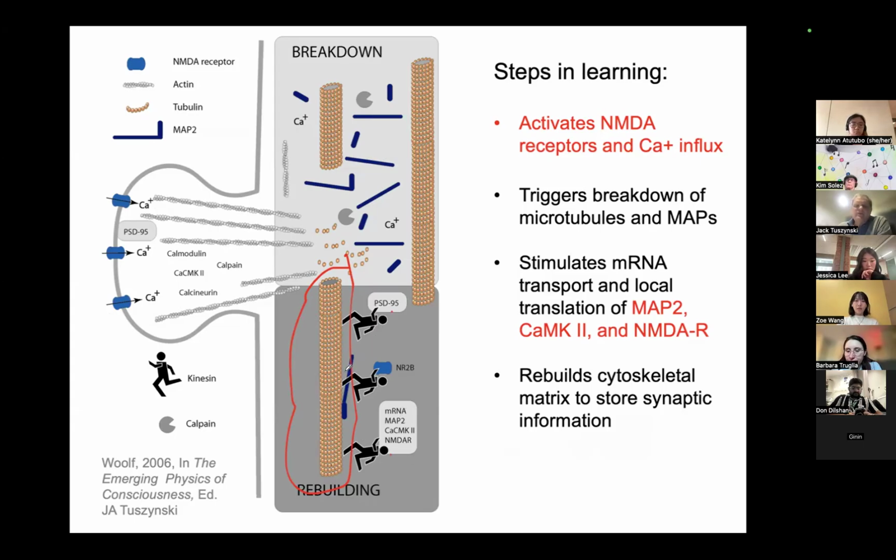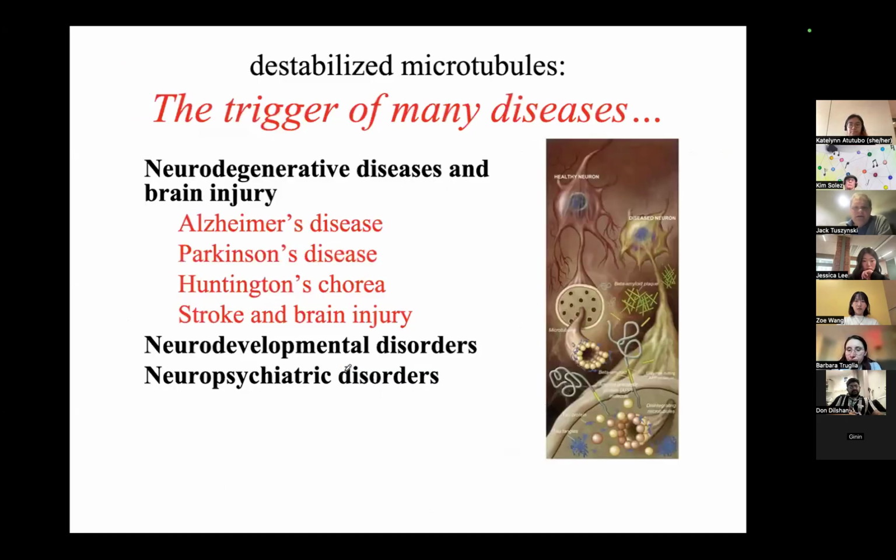So yeah, a static model doesn't cut it. As I mentioned earlier, it's dynamic and in fact self-healing as well. So there may be some hope for future therapies for these terrible diseases, which are all related to destruction or impairment of the microtubule cytoskeleton.